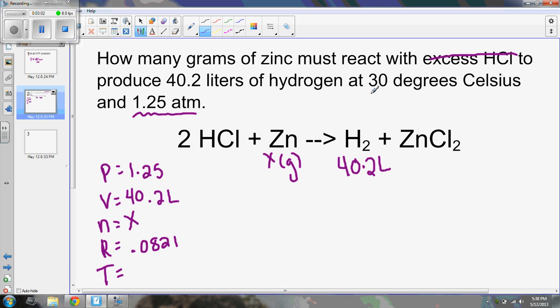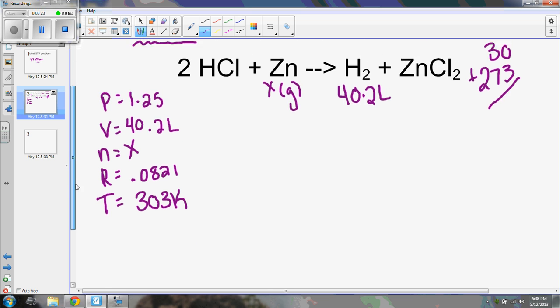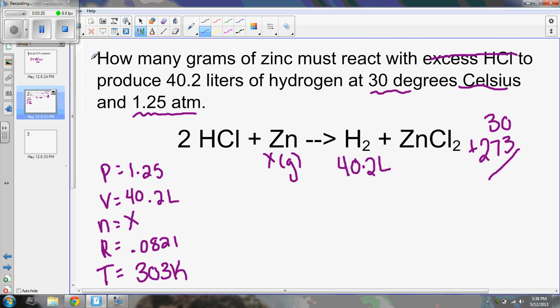So I'm given 30 degrees Celsius. So 30 plus 273 will transfer to Kelvin, and that's going to give me 303 Kelvin. So everything I need out of this paragraph problem is now written down in my workspace.